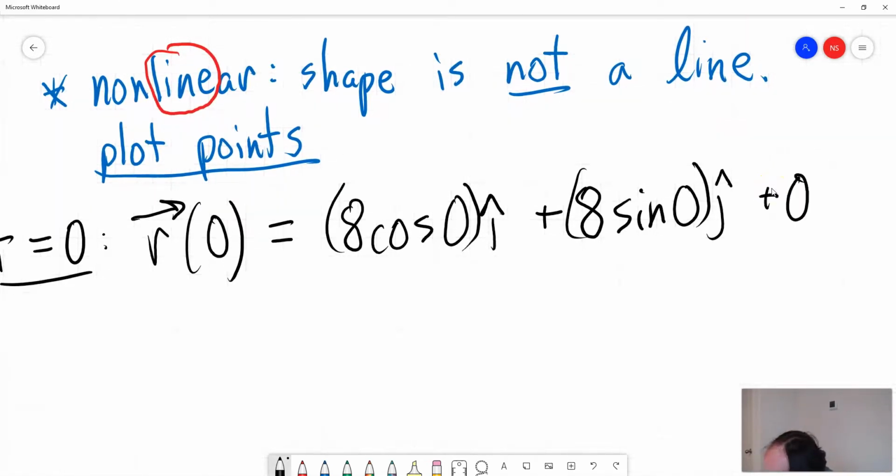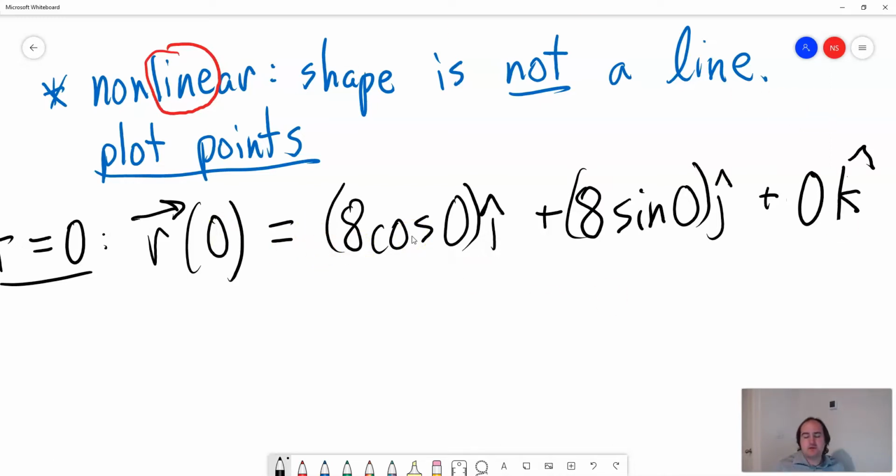Okay, so plus 0k. Okay, and then, so what's cosine of 0?